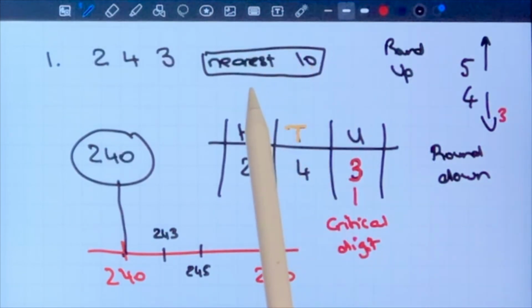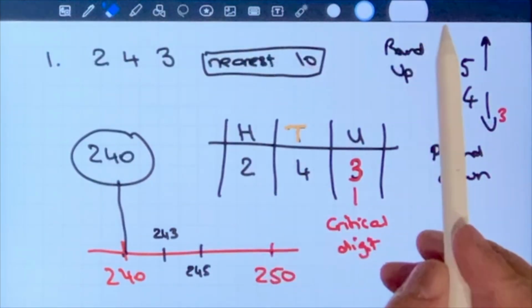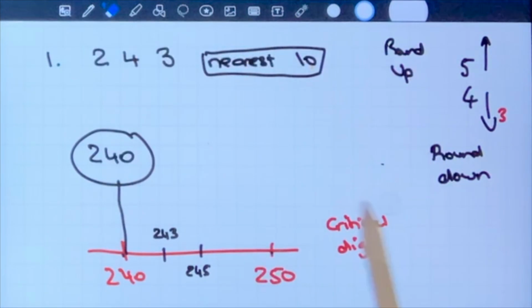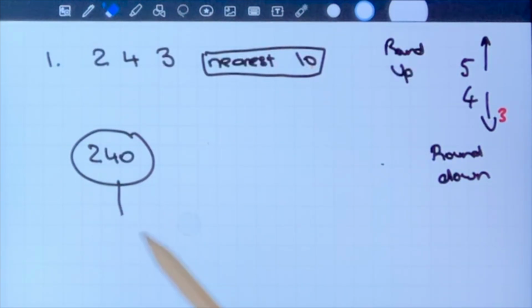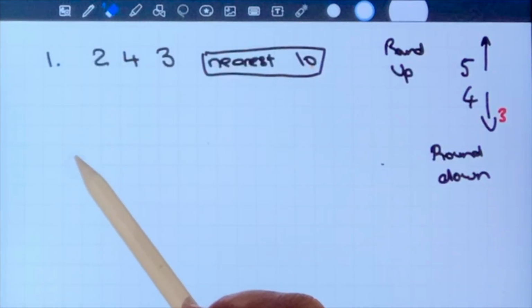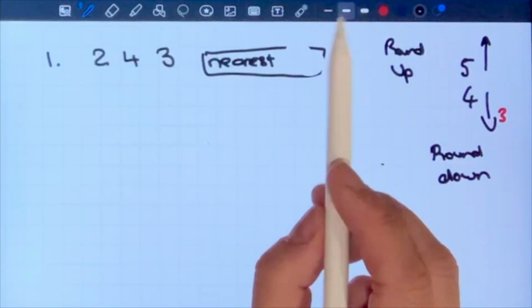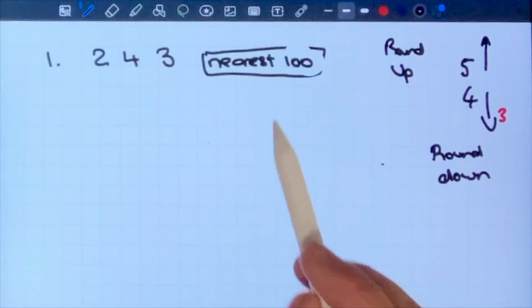Now, to use the same example, if we were to take the same number, but now we're going to round it to the nearest 100, okay?